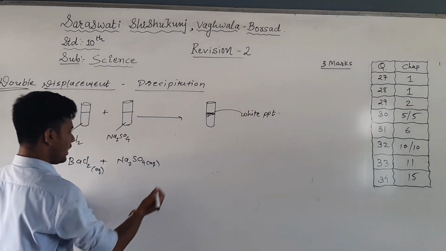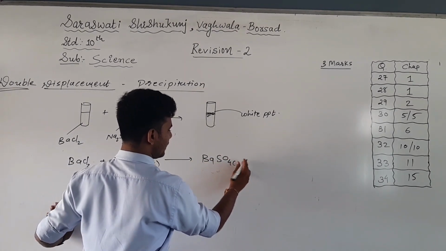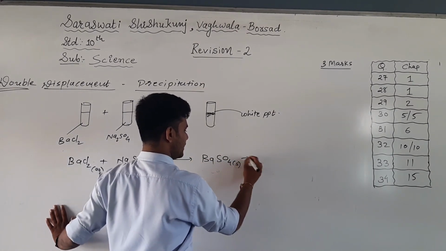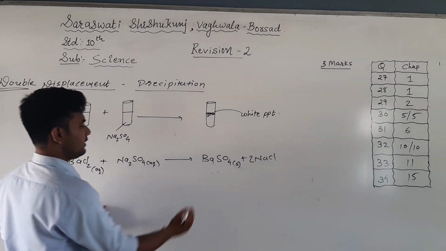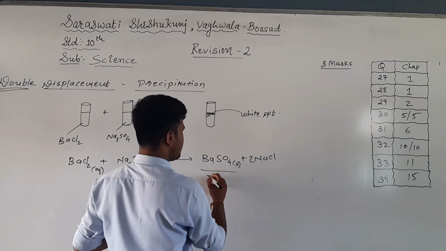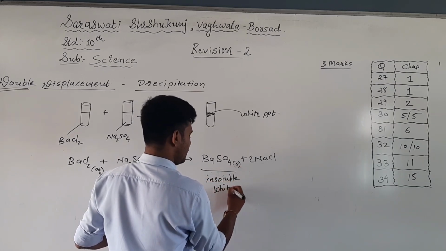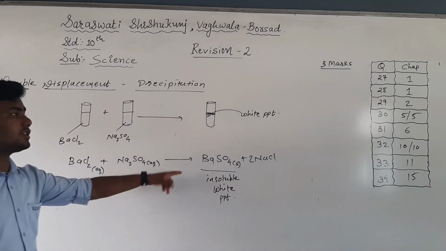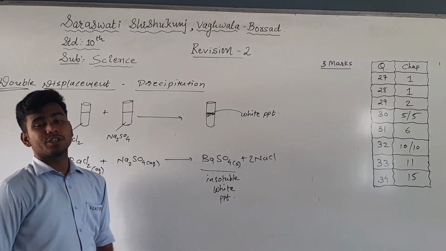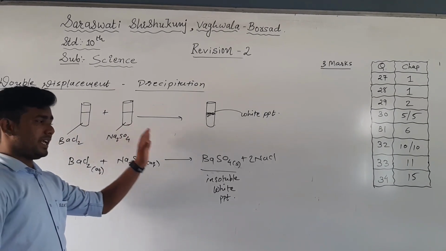Now beta, what will it be? Simple. There will be a reaction and the result will be BaSO4, which will be solid, and NaCl. Okay, beta, see, this will be an insoluble white precipitate. During this type of reaction, insoluble precipitates are produced, so this type of reaction is called a precipitation reaction.